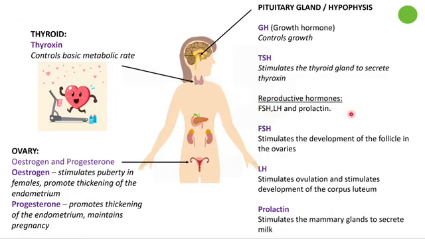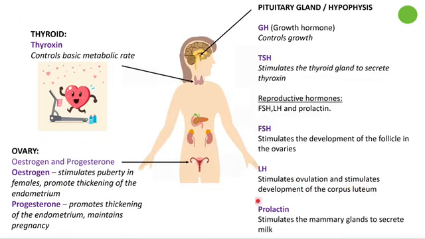LH, and prolactin. Follicle stimulating hormone, target organ is the ovary, and it stimulates the ovary to produce a follicle, a Graafian follicle. Luteinizing hormone, or LH, the target organ is again the ovary, and it stimulates ovulation as well as the development of the corpus luteum from the Graafian follicle, the little section where it was before it burst open.